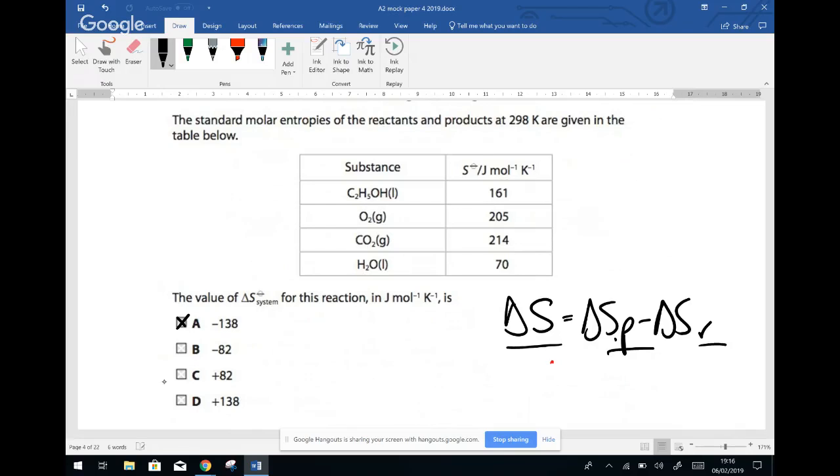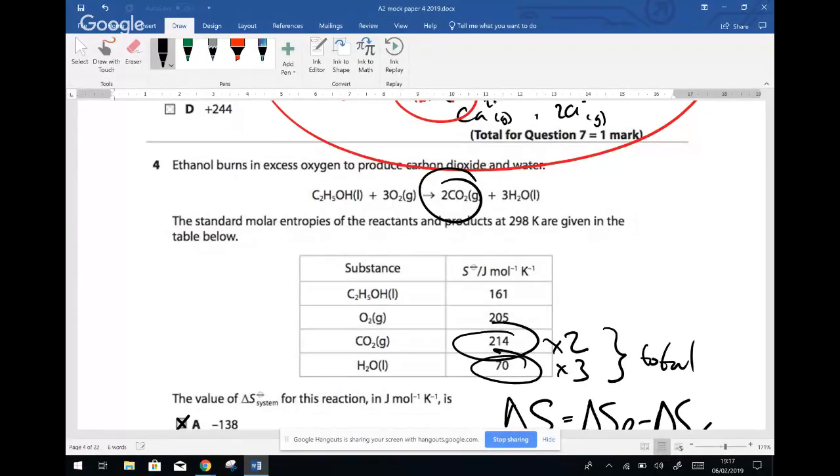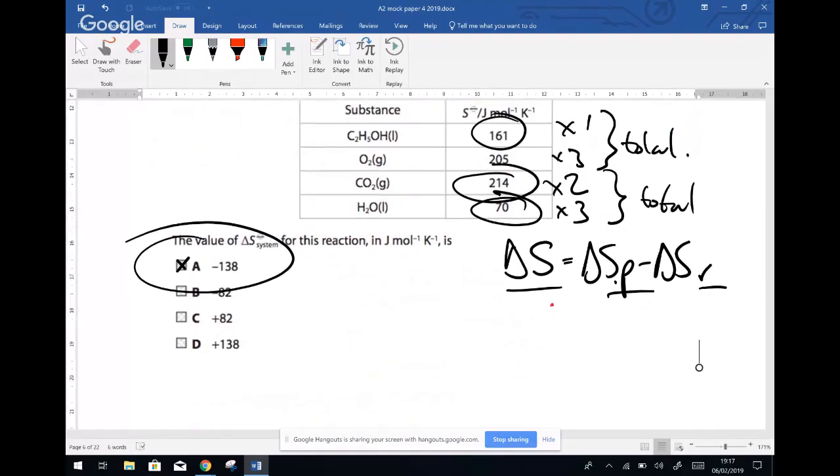So for products, all we have to do is take this value for carbon dioxide times 2, water as liquid is there times 3. Add those together, get a total for products. Next, 1 of those plus 3 of those. Add those together, get our total for reactants. One minus the other, and you get minus 138. Just run it through, folks. Nice and easy. Next.